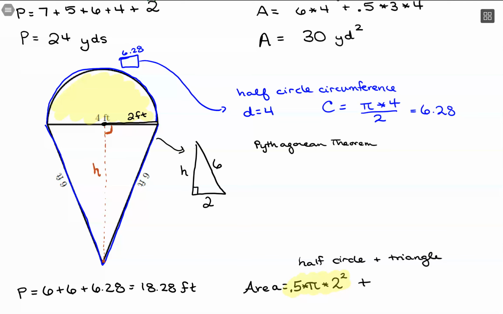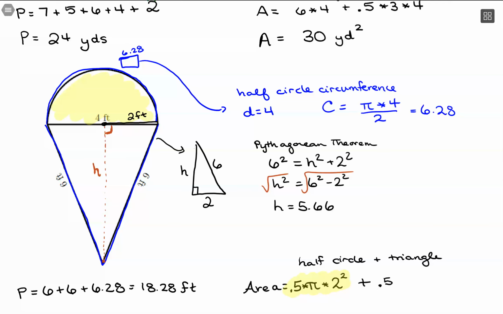So let's see, the hypotenuse is 6, so that'll be 6 squared equals h squared plus 2 squared, which means h squared is going to come from 6 squared minus 2 squared, and we're going to take the square root of that. So for height, we should be getting a height of about 5.66. So then with that, for area of the triangle, it's 1/2 base times height.